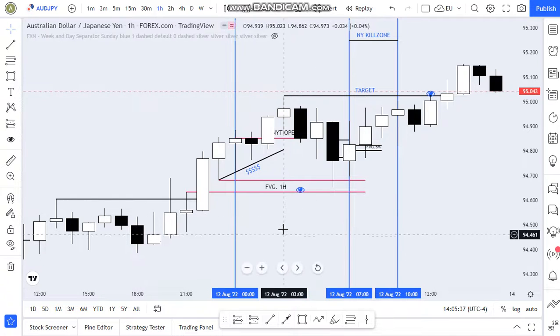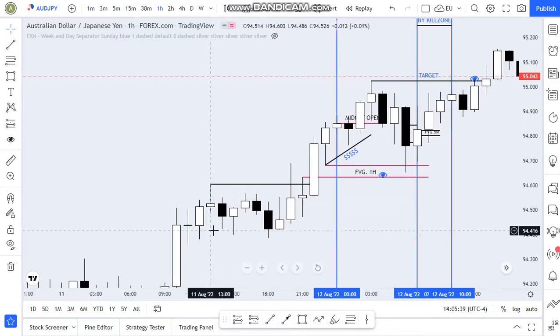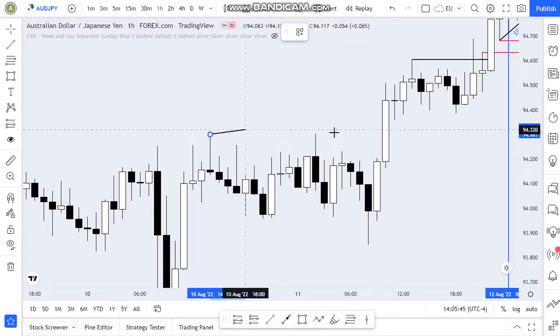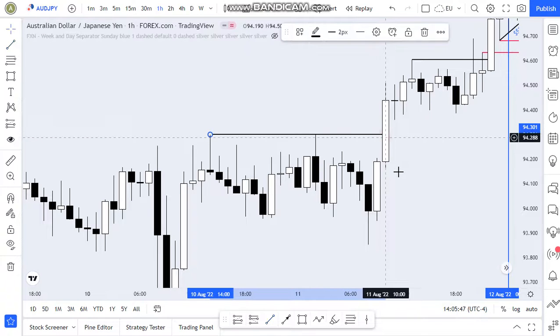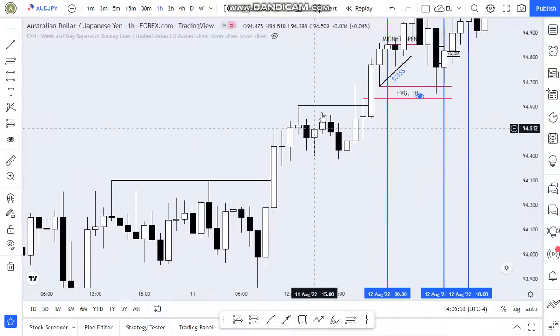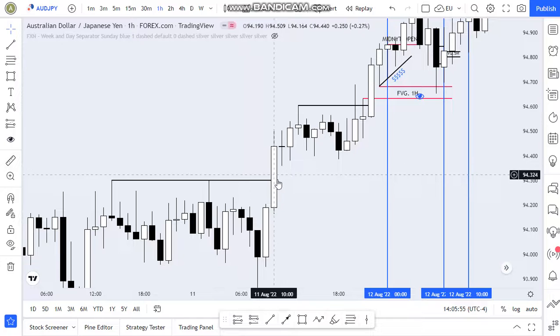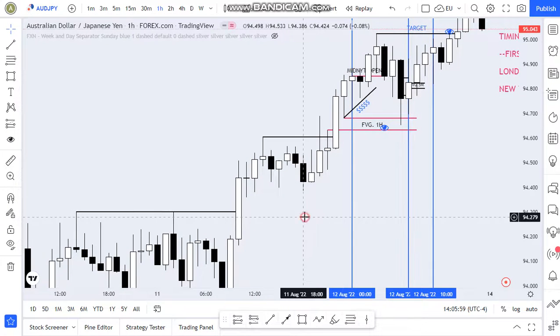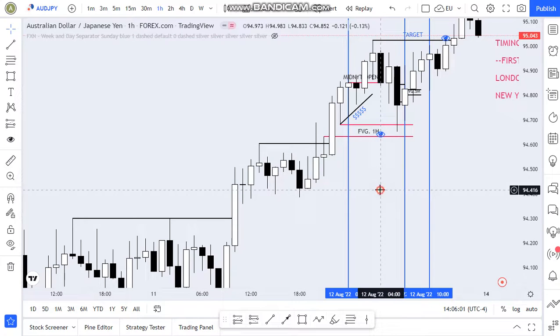So let's look at this setup. We can see that we are bullish, right? We are breaking highs, making new highs on AUDJPY. We break structure here, we pull back, fill this imbalance, broke structure again. We fail to come to the imbalance, which means price is showing a lot of strength, and we broke structure up again.